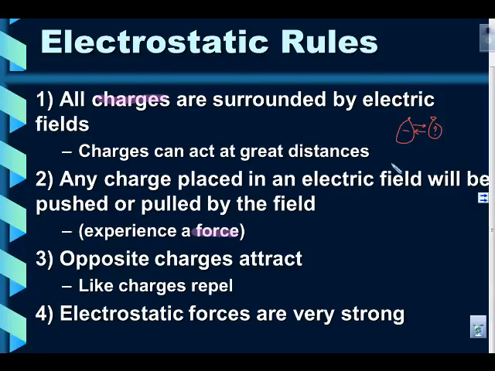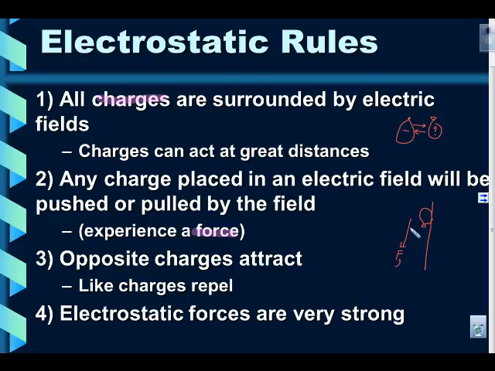Electrostatic forces are fairly strong, especially when we consider them in relation to gravity. So you've probably seen before where you could take a balloon, rub it on your head, and then if you work hard enough, get it to stick to a wall. Well, gravity is trying to pull that balloon down. But it's not falling, and if and when it does fall, it falls very, very slowly.